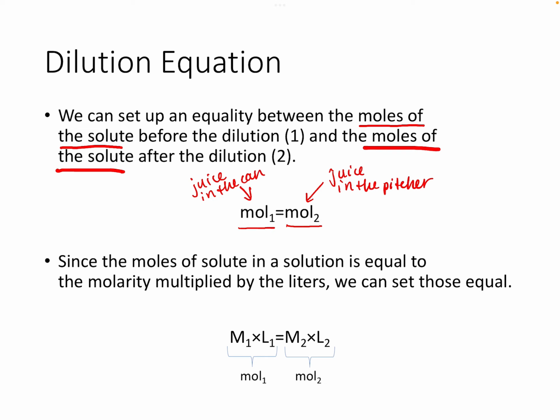Now, the moles of solute in a solution is actually equal to the molarity multiplied by liters. So the molarity of solution 1 times its volume is equal to moles 1, and the molarity of the second solution times the volume of the second solution is equal to moles 2.